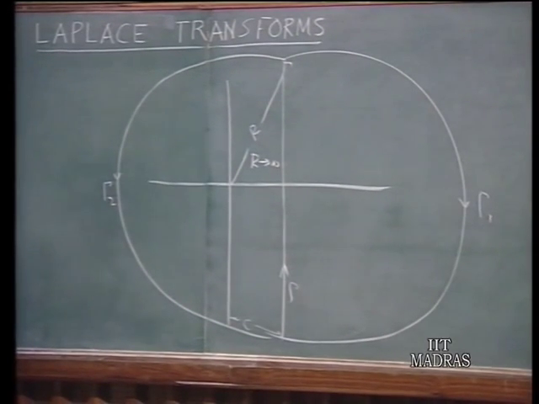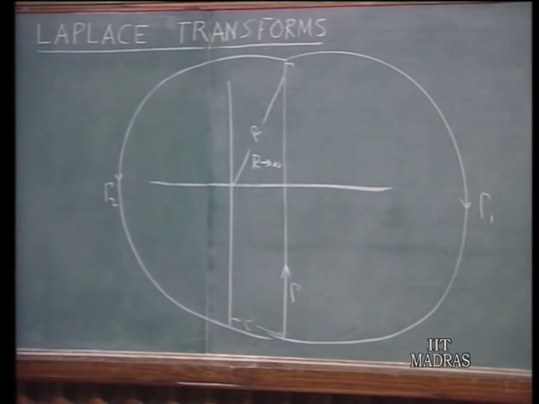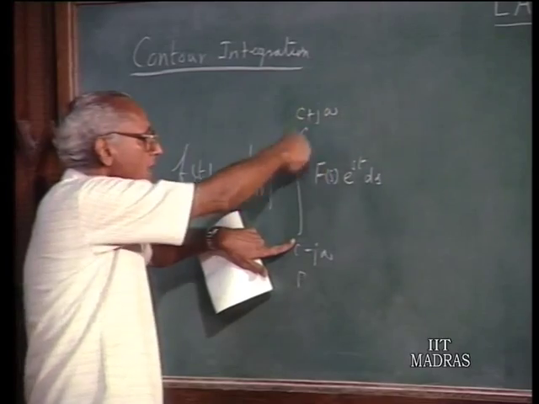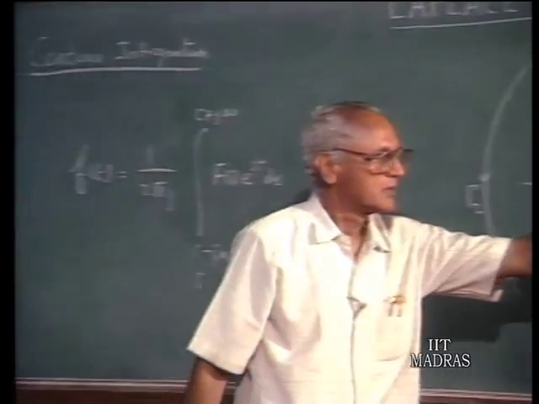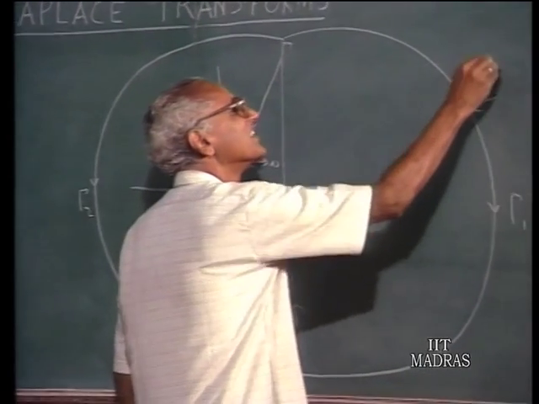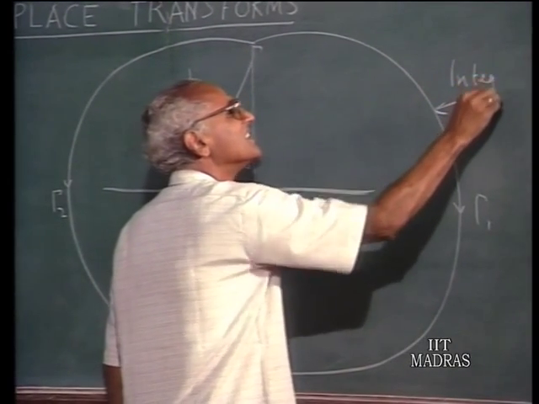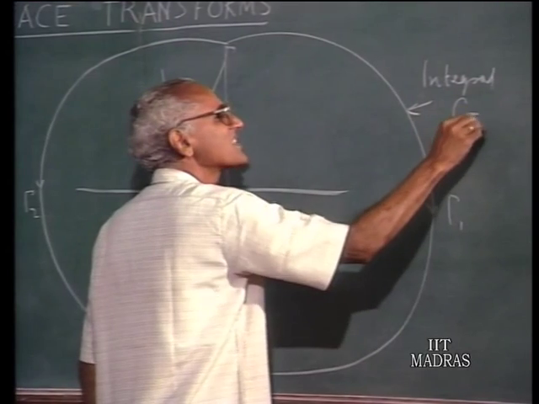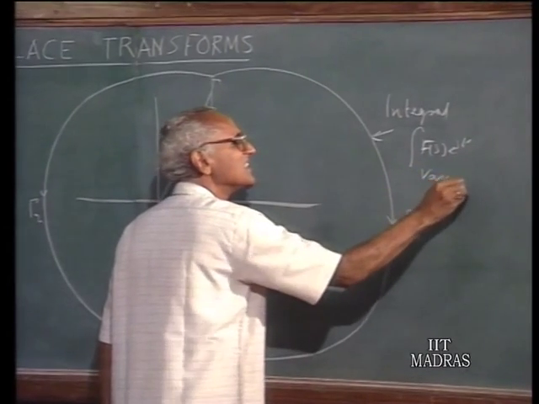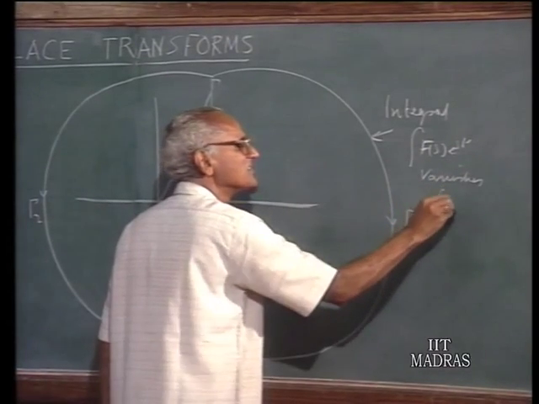It turns out that if you have this integral evaluated around this contour, for t less than 0 it vanishes. So the integral of f of s e to the power of st vanishes along this contour for t less than 0.